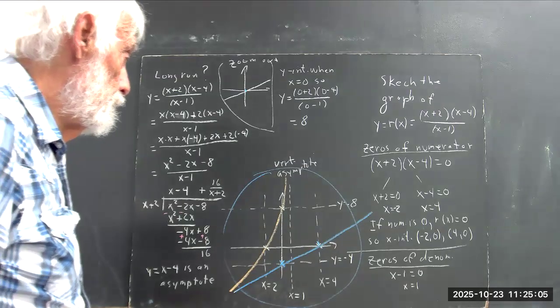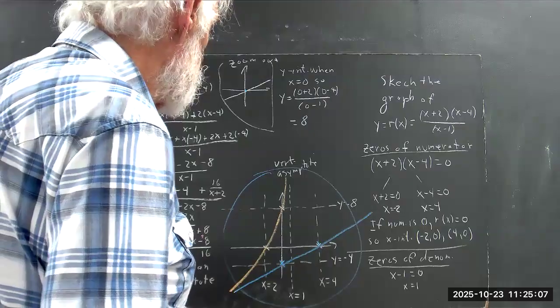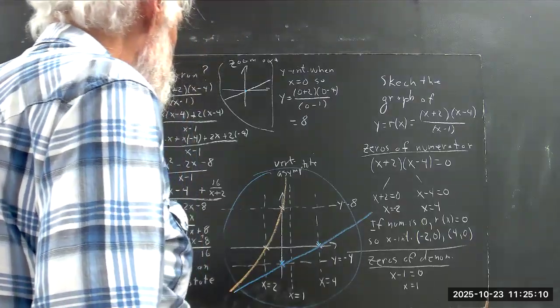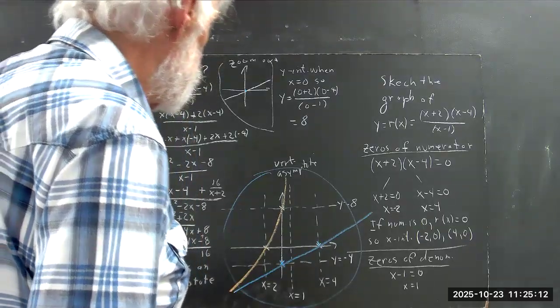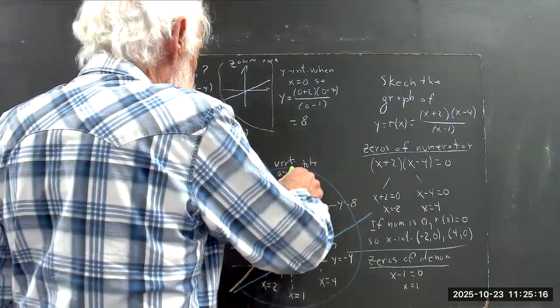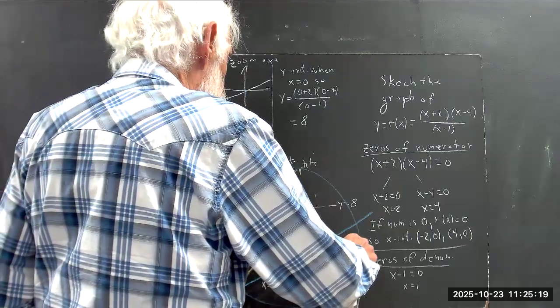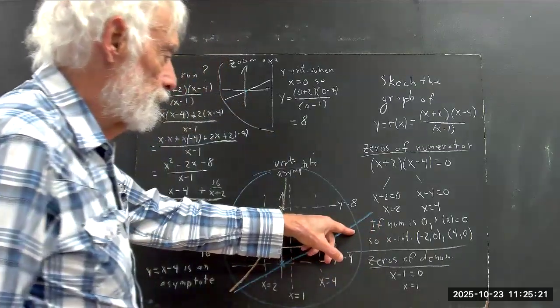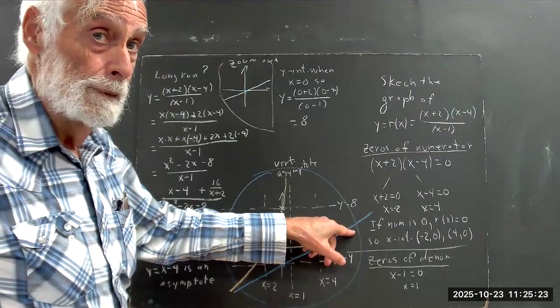Then it's going to come down or up from the vertical asymptote. Maybe it comes down like this, goes through this point, turns around and comes back and comes out close to this line.